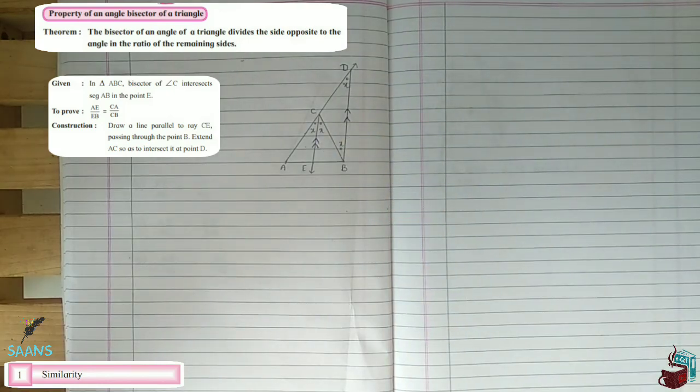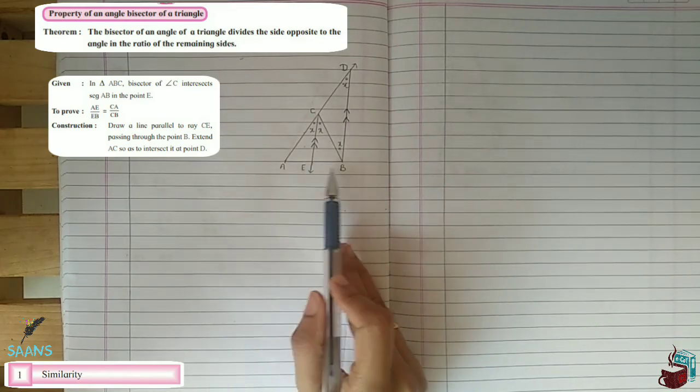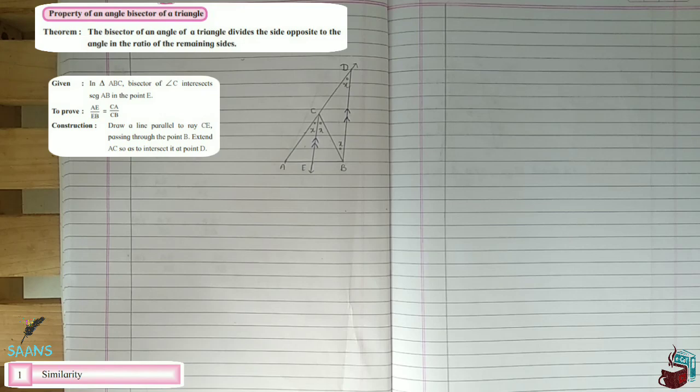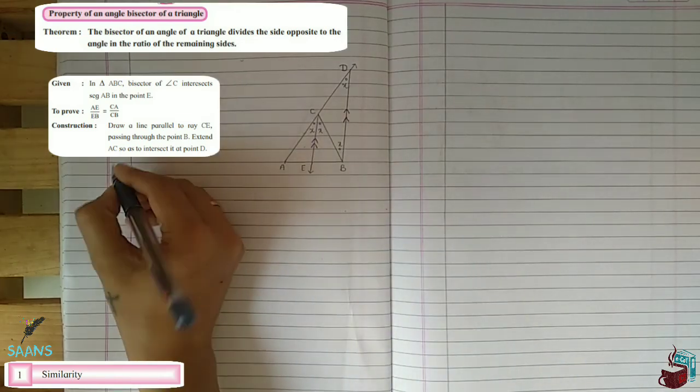Now I want AE upon EB is equal to AC upon CB. So how will I do that? Always, kids, start with whatever is given. Now it is clearly given that ray CE is the bisector of angle C. So first we will use that only. So proof.